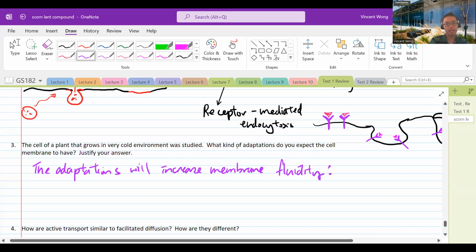Okay, because in a cold environment, the membrane would tend to become more solid, right? So you need to counteract it. You need to make the membrane more fluid. And there are several ways to do this. We mentioned already, you can increase the cholesterol content. You can increase the percent of unsaturated fat.